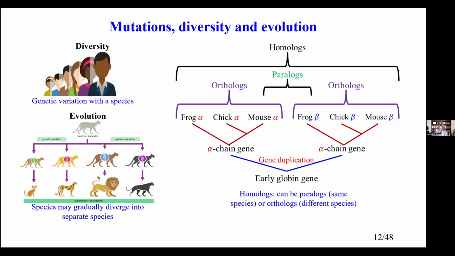So generally, homologs can be divided into orthologs, which are similar genes in different species, and paralogs, which are similar genes in the same species. Paralogs arise by gene duplication, while orthologs arise by speciation. So this is some information.